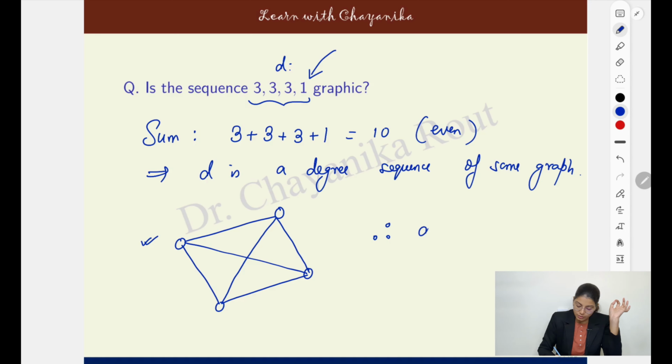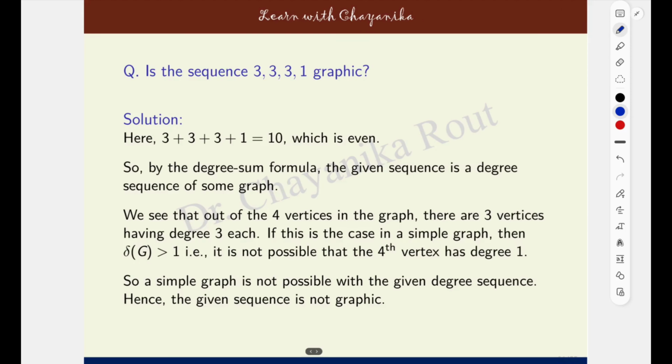Hence this sequence is not a graphic sequence. So this is the solution to the problem with the logic that since there are 3 vertices having degree 3 each, in a simple graph the minimum degree is definitely greater than 1. There cannot be any vertex having degree 1. That is why this sequence is only a degree sequence, but it is not a graphic sequence.